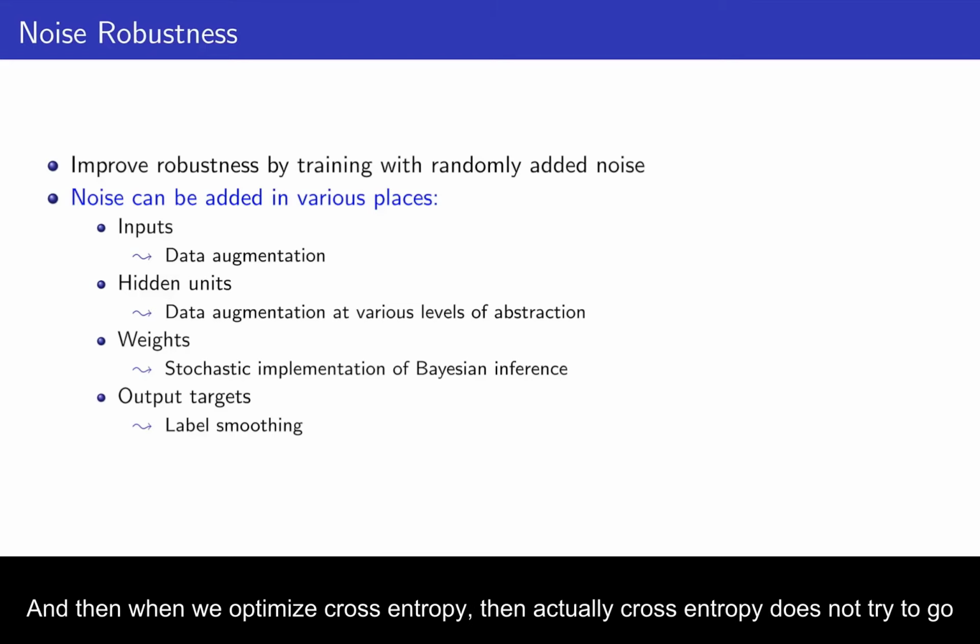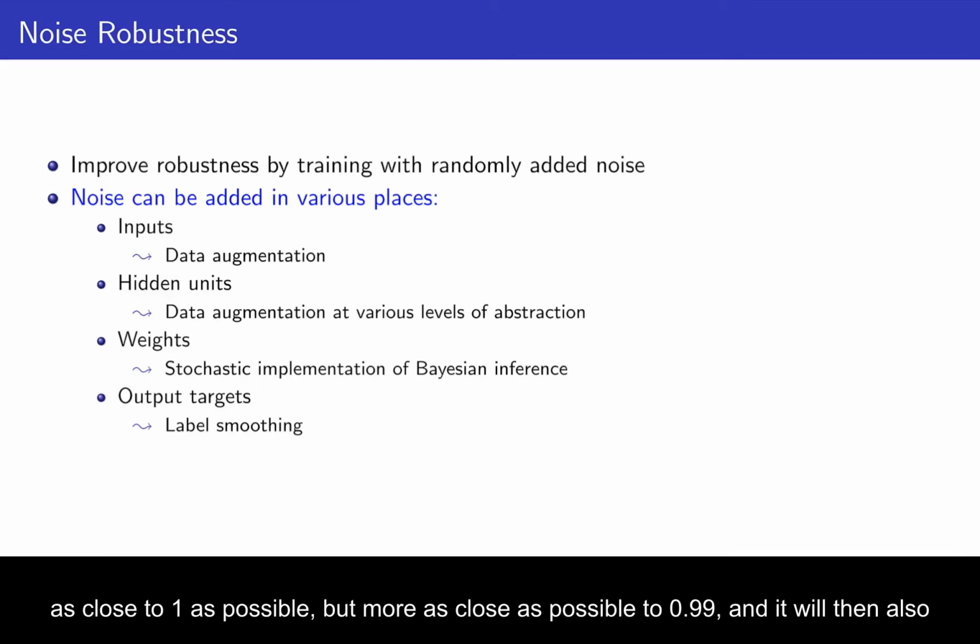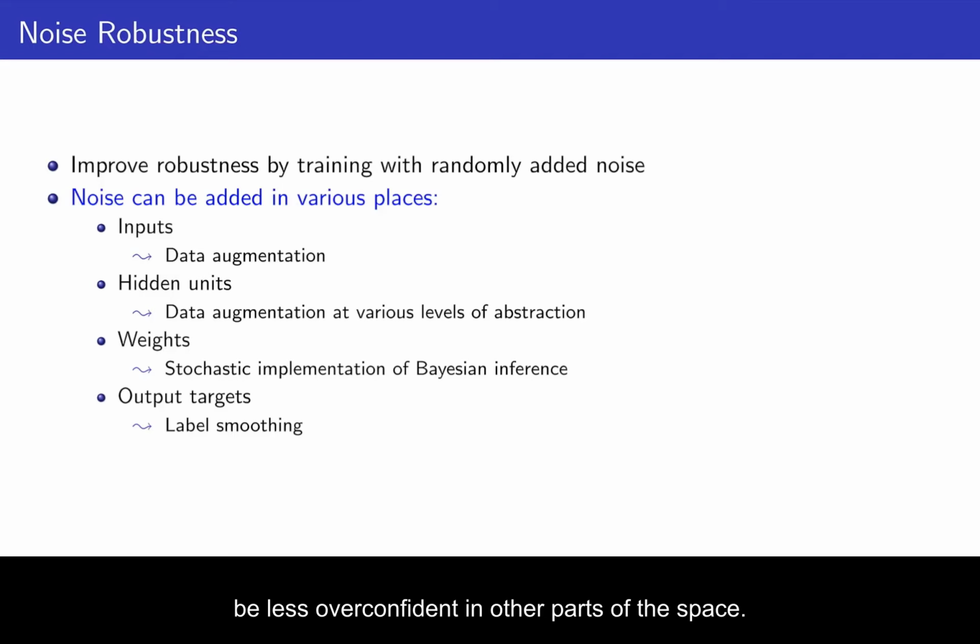Then when we optimize cross entropy, it does not try to go as close to 1 as possible, but as close as possible to 0.99, and it will then also be less overconfident in other parts of the space, and that gives us nice regularization effects.